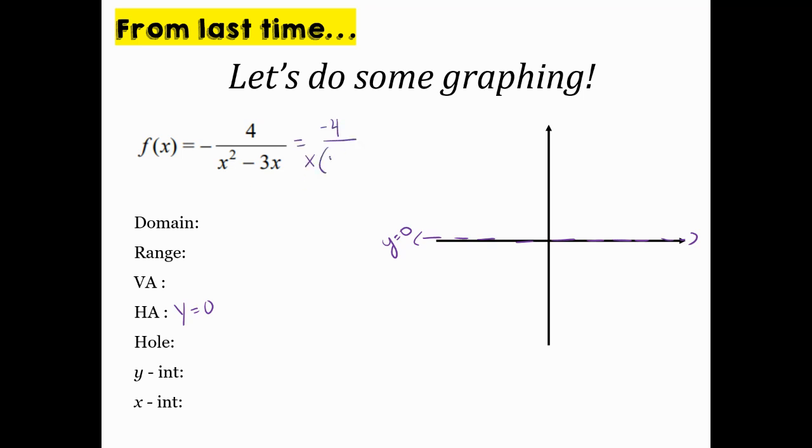I'll factor out an x, and you've got x minus 3 left over. So I don't have any holes, but I have 2 vertical asymptotes at x equals 0 and x equals 3. Graph them clearly. X equals 0, 1, 2, 3, and x equals 3.